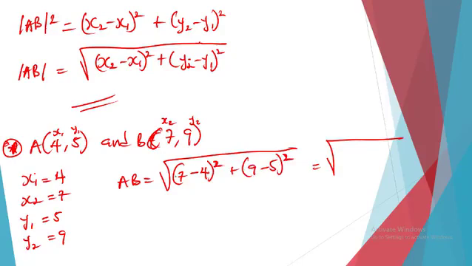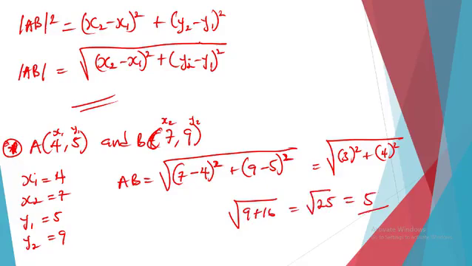We have the square root of 7 minus 4 is 3 squared, plus 9 minus 5 we have 4 squared, and that will give us the square root of 3 squared is 9, 4 squared is 16. Square root of 9 plus 16, and 9 plus 16 will give us 25. So giving us 5 as our answer. So AB is equal to 5. As simple as that.